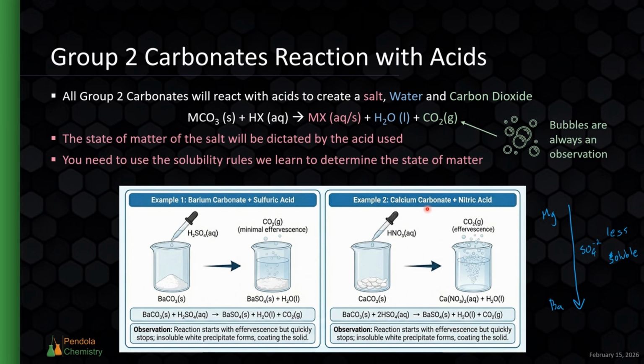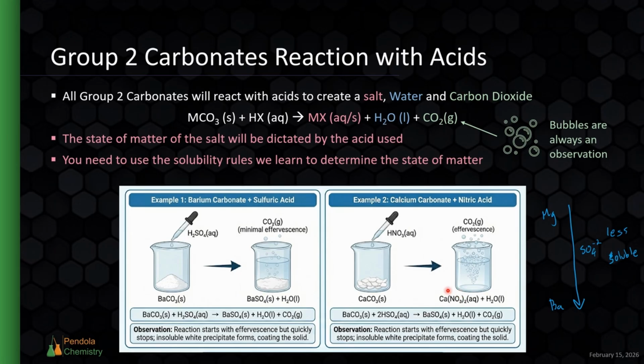On the other hand, calcium carbonate, when it reacts with nitric acid, for example, will lead to complete bubbling and effervescence with no solid in place. That's because the nitrates of group 2 metals, and really any nitrate, is going to be soluble.